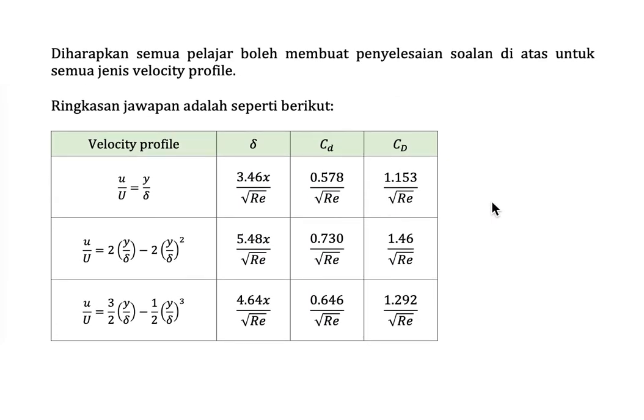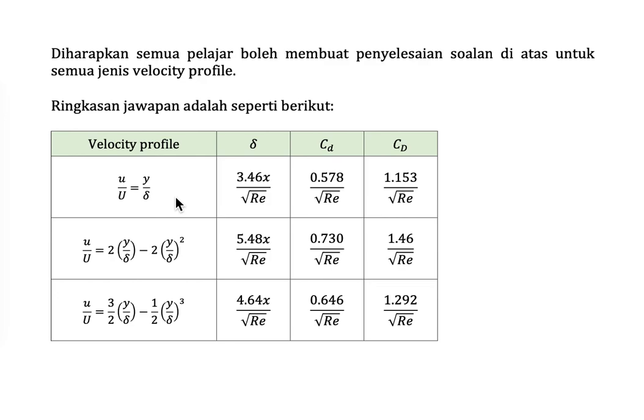For your tutorial, I hope you can do by yourself at home to find delta, the boundary layer thickness, C d, the local drag coefficient, and C capital D, for all velocity profiles.